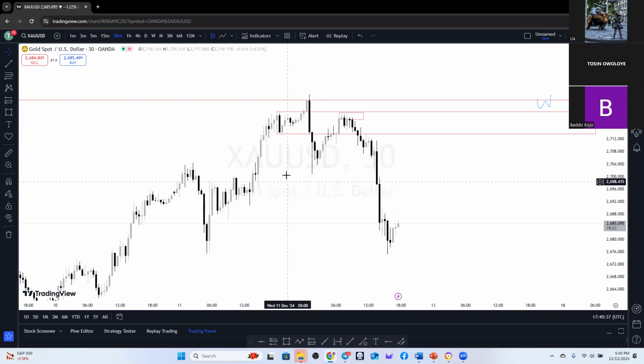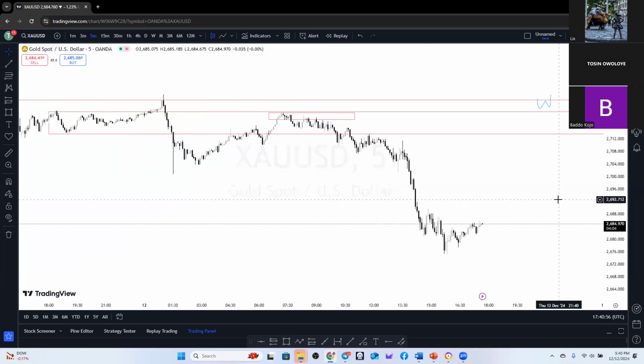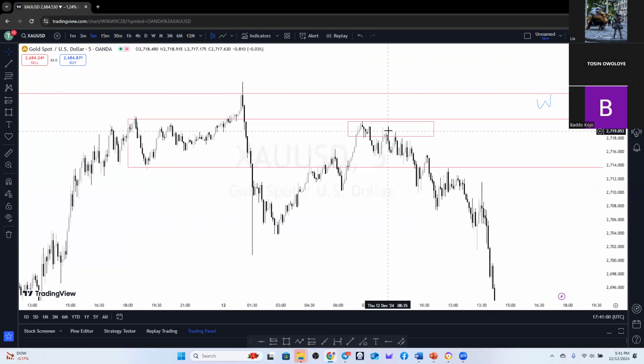Now confirmation entry, which I'm going to explain to you again, is a 5-minute engulfing and an engulfing fail. So on this 30 minutes, I can go to 5 minutes. When price comes to my 30 minutes, I'm only looking for a 5-minute engulfing and a 5-minute engulfing fail.